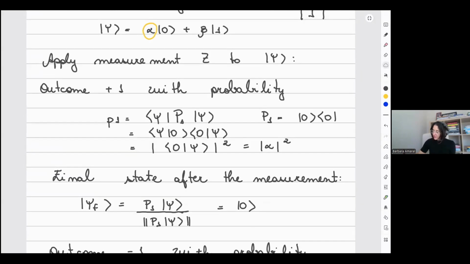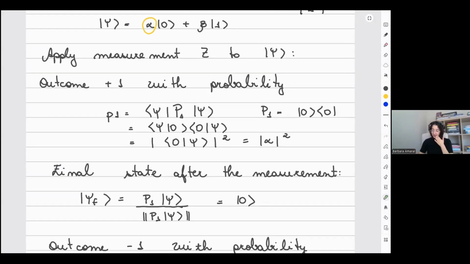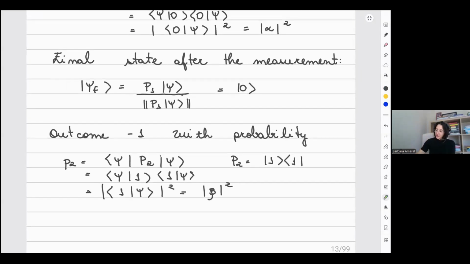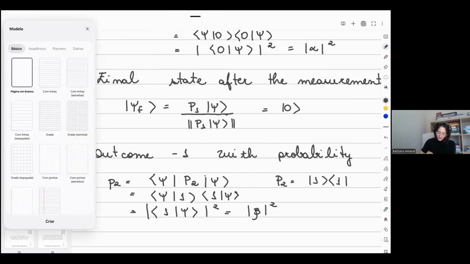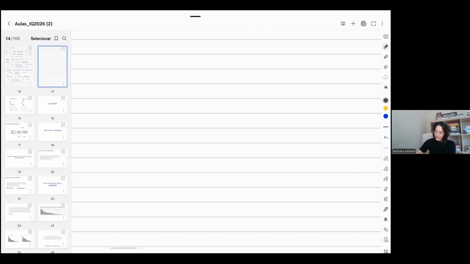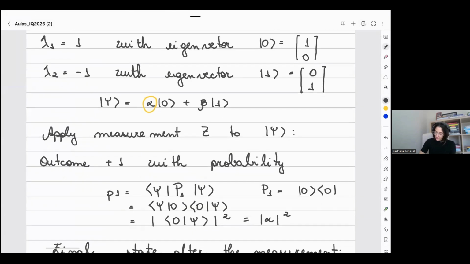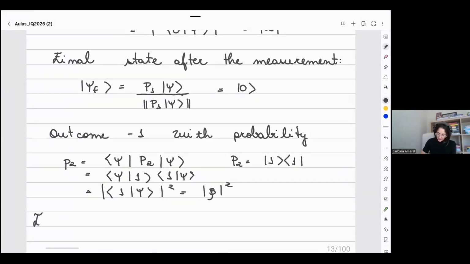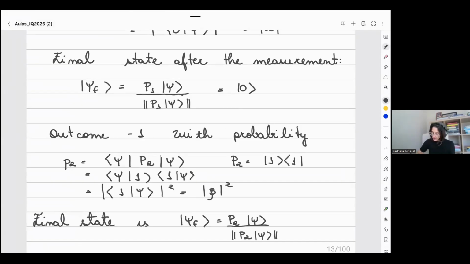Which is just this coefficient, modulus of this coefficient squared, and the final state is psi f, given that outcome -1 was obtained, P2 psi over the norm of this guy, which is always going to be equal to 1.